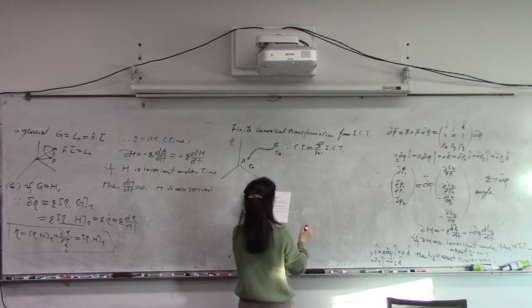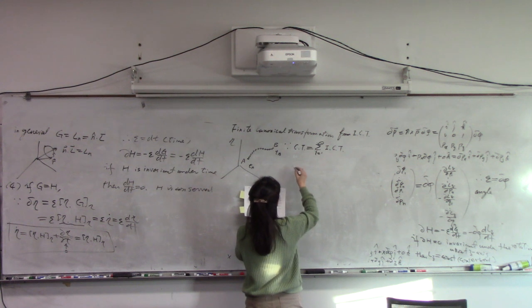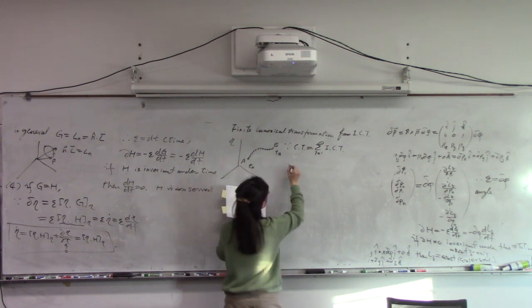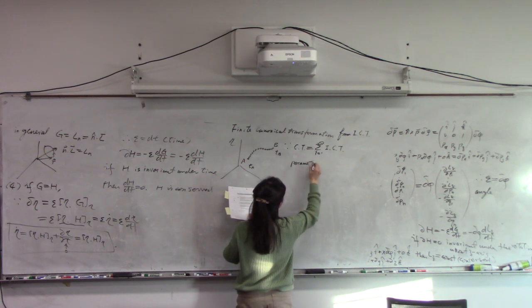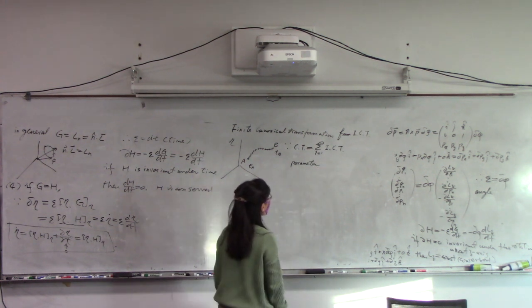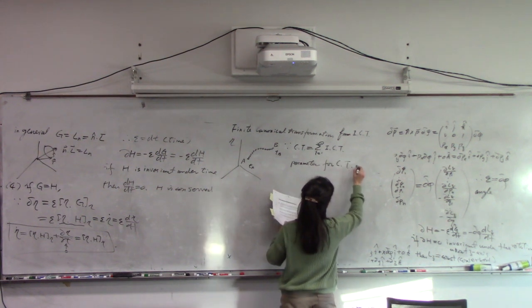Okay, and then we introduce a parameter. We correspond a parameter like epsilon for the infinitesimal canonical transformation, and for the finite canonical transformation, we introduce alpha.